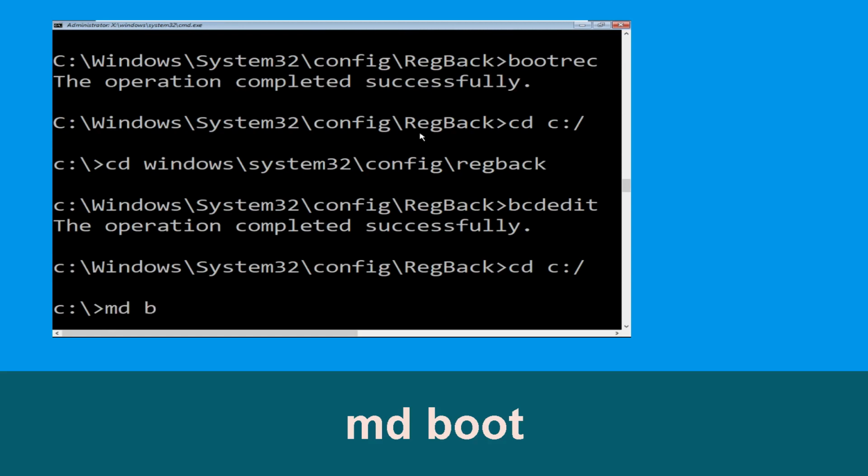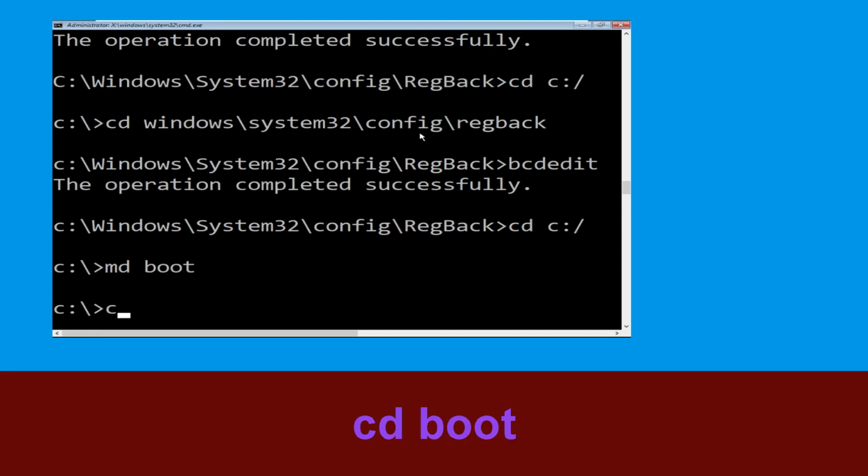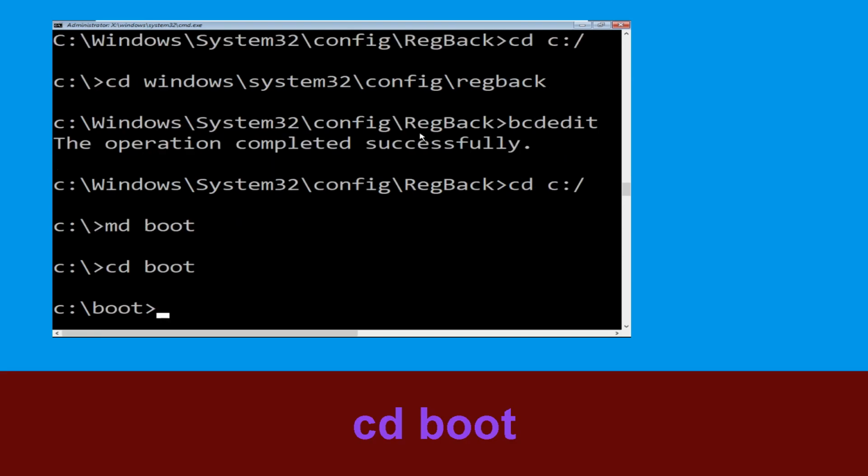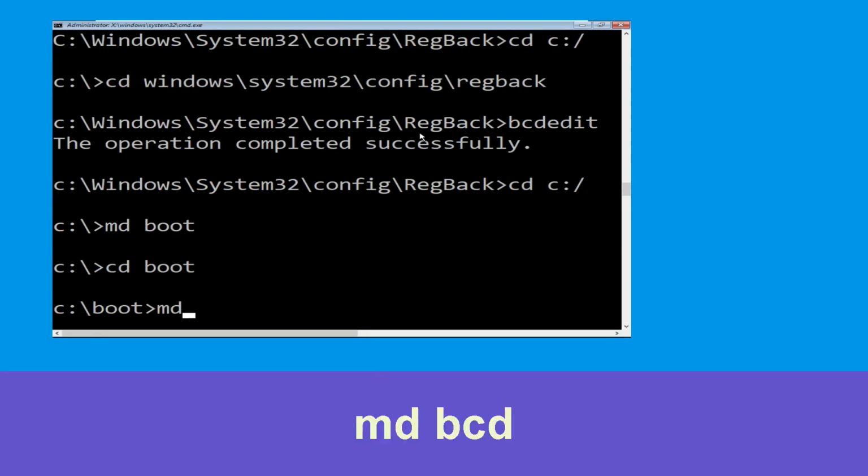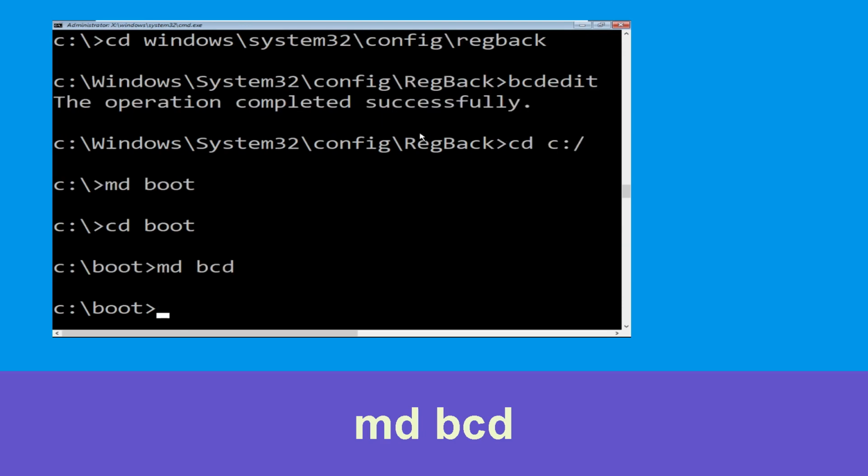Now type this md space boot and hit enter. Now execute this command. Type cd space boot and simply hit enter. Now type md space bcd and simply hit enter.